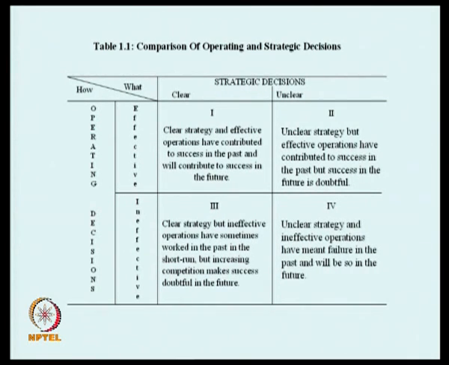Come to the second quadrant. The second quadrant says unclear strategy, but effective operations have contributed to success in the past, but success in the future is doubtful. What does that mean? Though you had effective operations, the strategy that the company adopted was not clear.